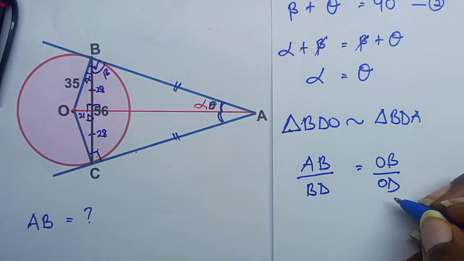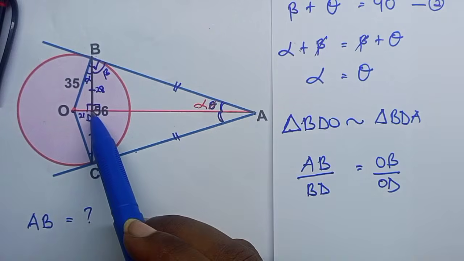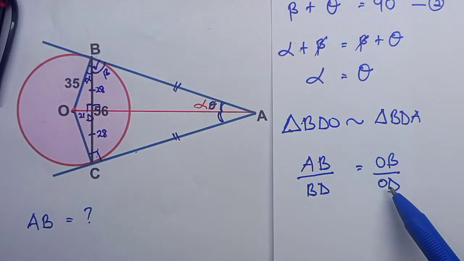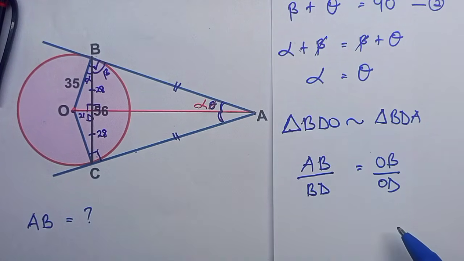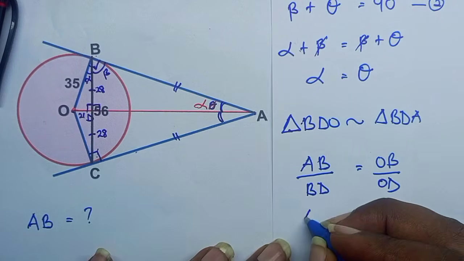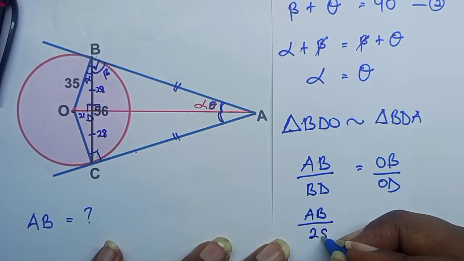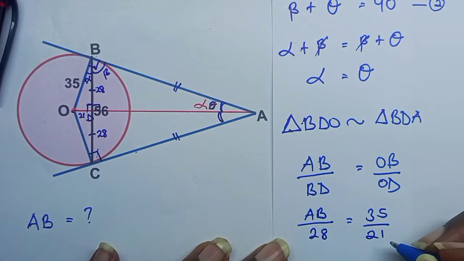Okay, so far we have the value of BD. BD is 28. We have the value of OB. OB is 35. And we have the value of OD, which is 21. So we substitute in our formula. So we shall have AB over 28 being equal to 35 over 21.